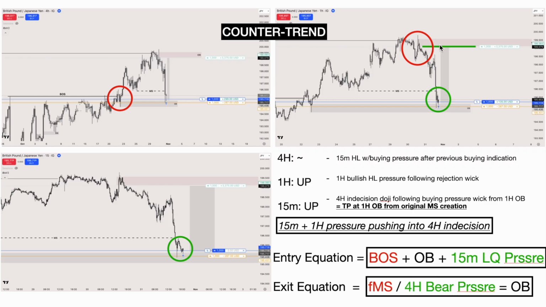Okay, so we have that 15-minute bullish incentive coming down, showing a higher low, plus the 1 hour pressure pushing into that 4-hour indecision. We have this buying pressure right here.